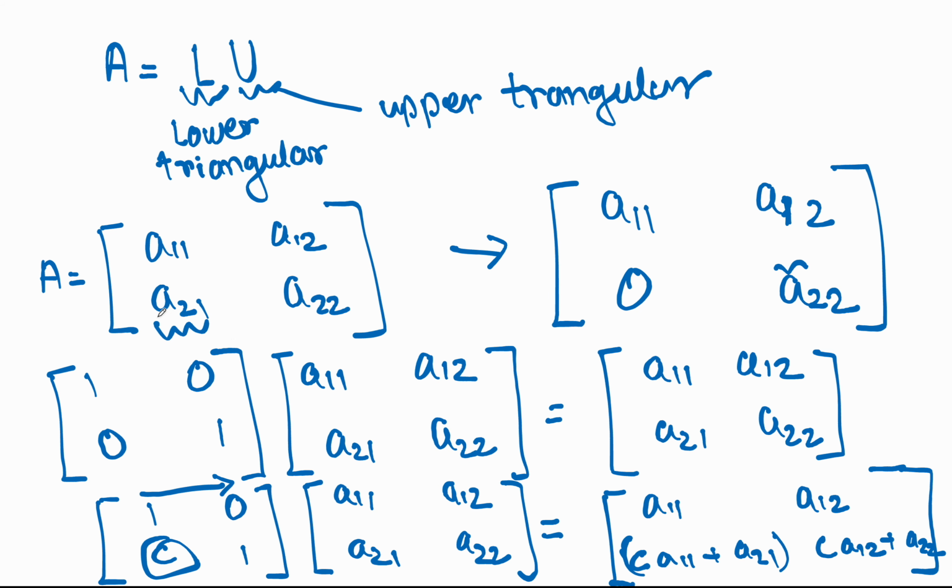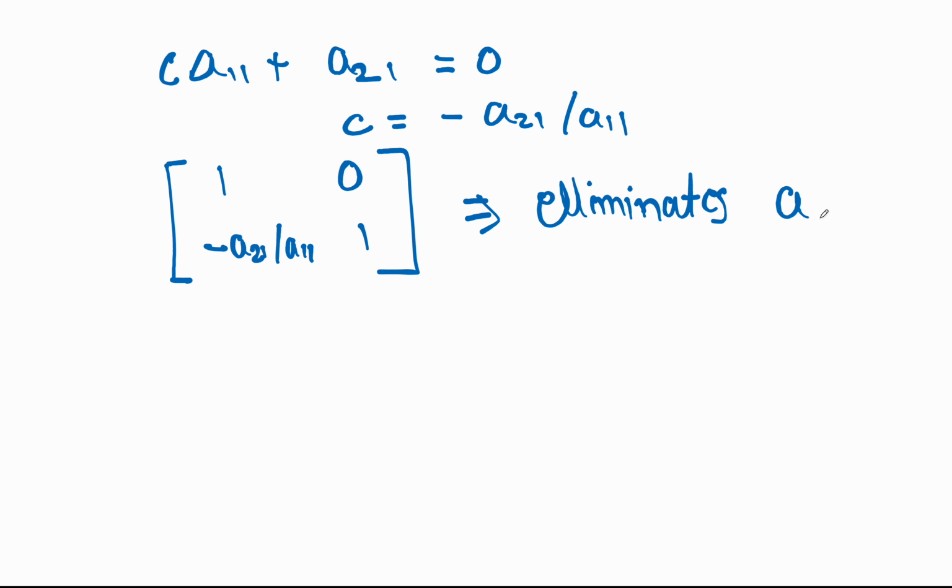Whatever element is there at this location 2 1, it eliminates. So this does some elementary transformation which eliminates the a21 location, or 2 1 location, element. So this is known as E21.